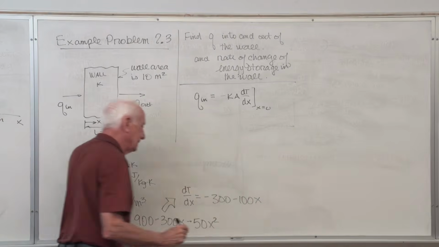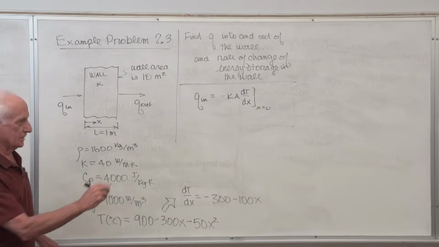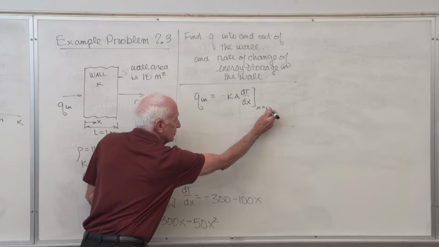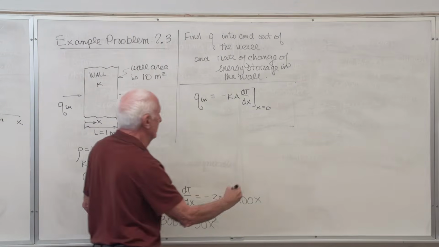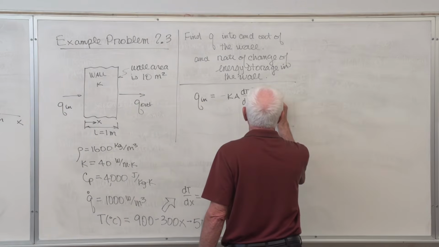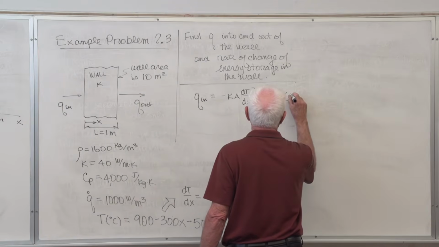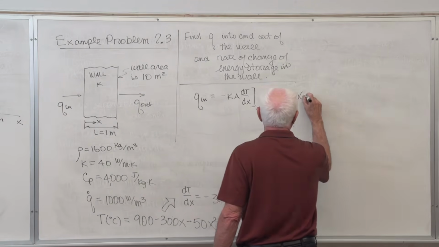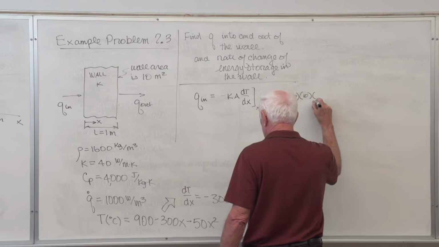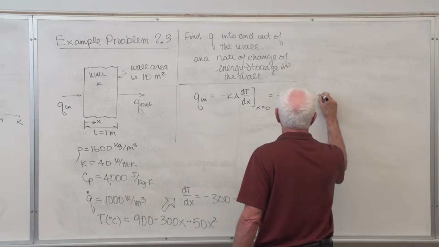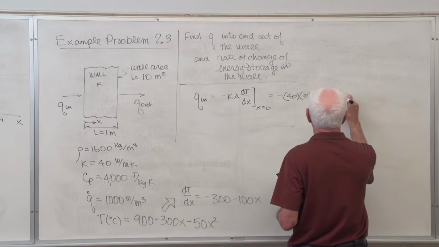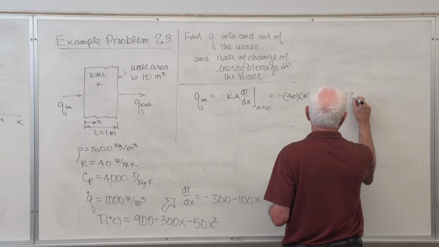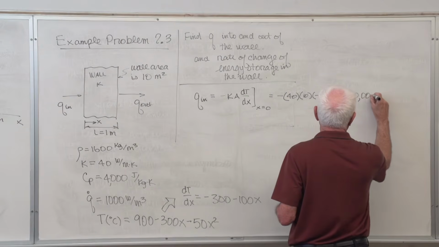Okay, there's my dT/dx. It says put x equals 0. Okay, good. dT/dx is minus 300. So minus K, 40, area, 10, dT/dx minus 300, 120,000 watts.